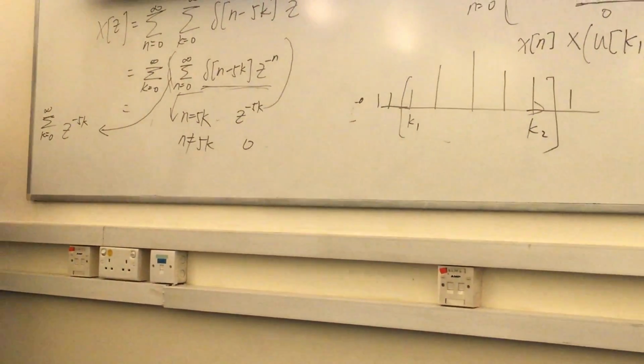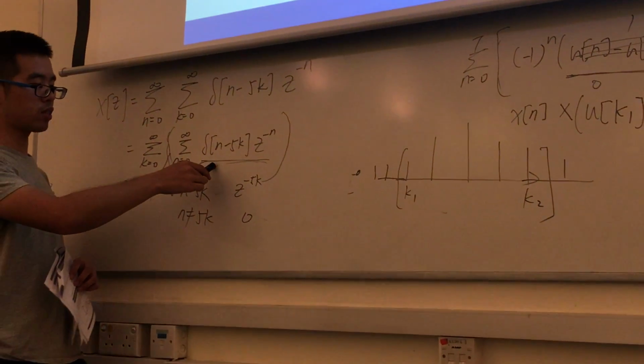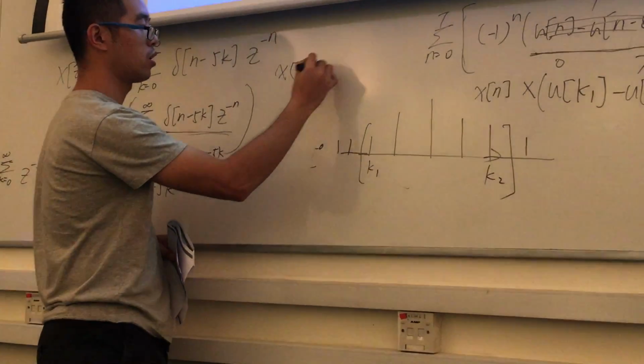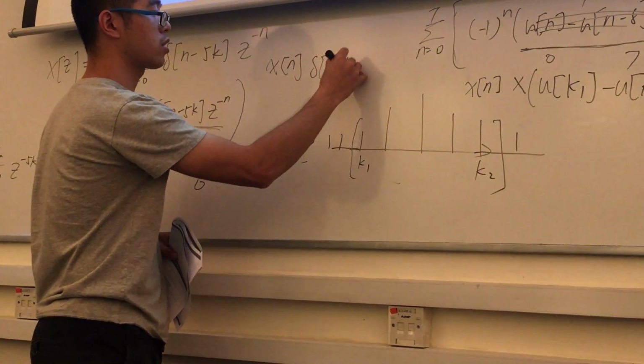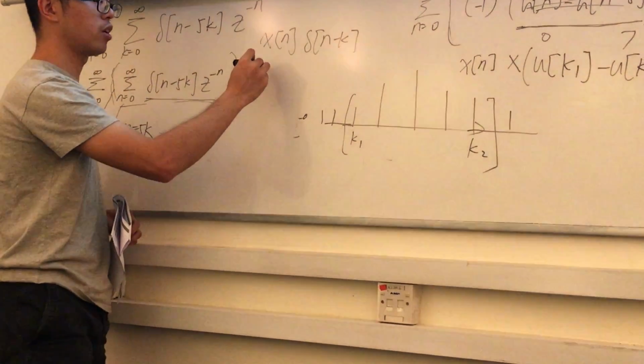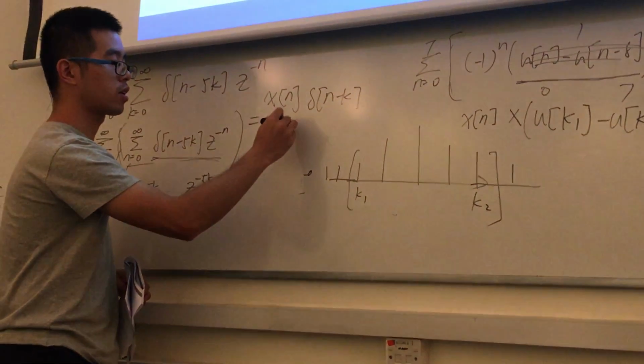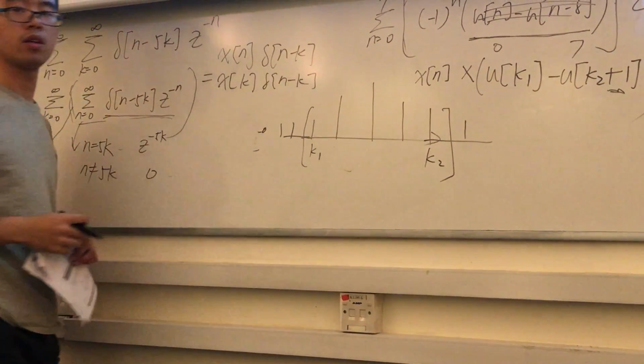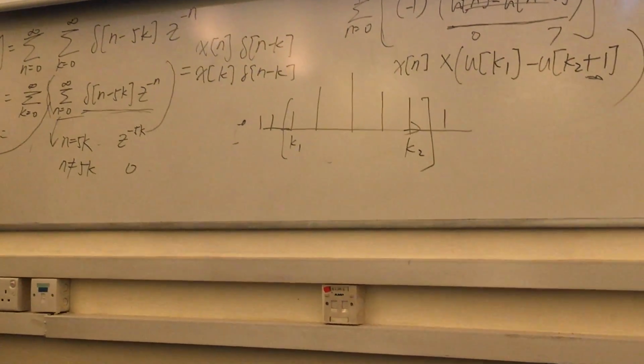So remember, we frequently use the property of x[n] multiplied by delta[n-k]. This one is equal to x[k] delta[n-k]. Right?